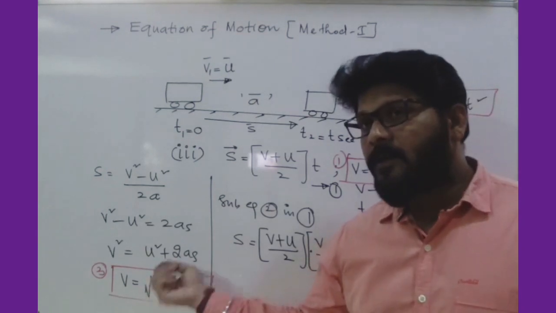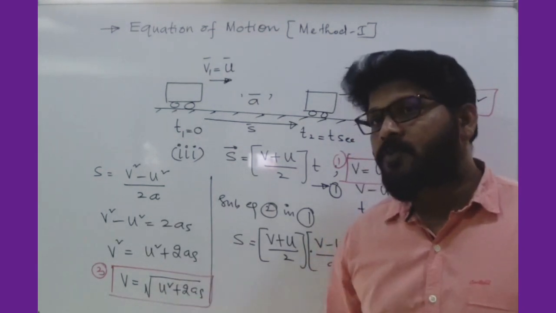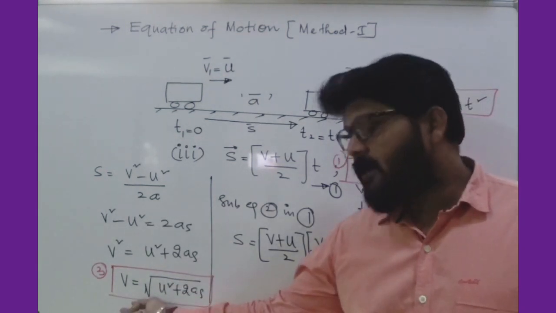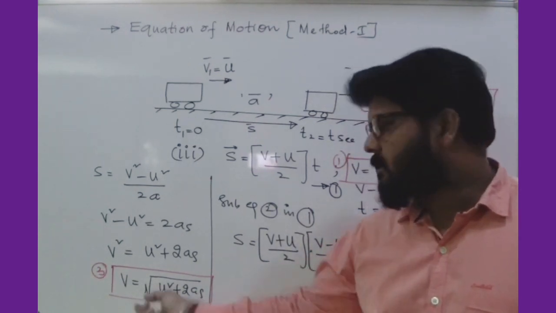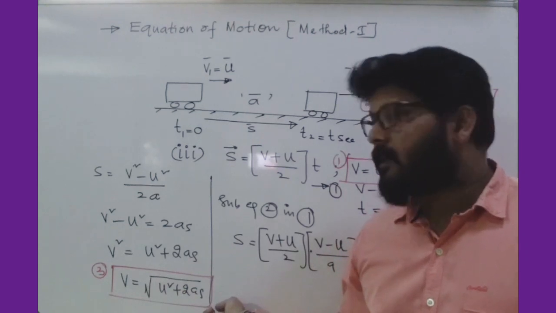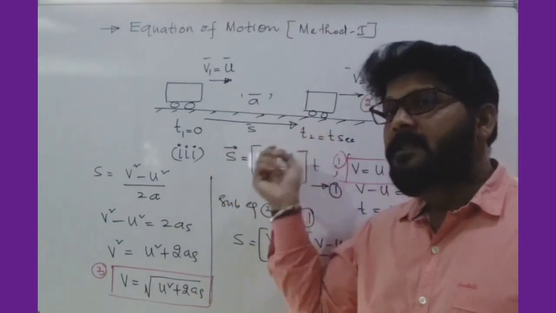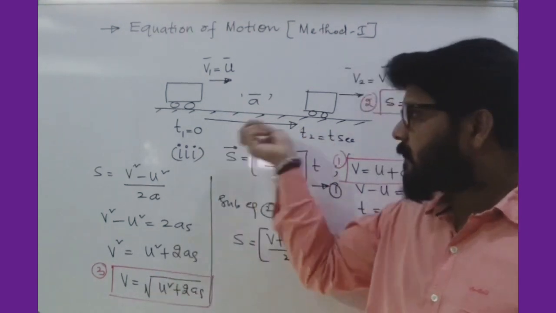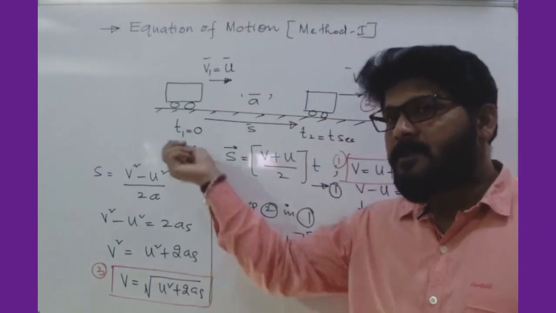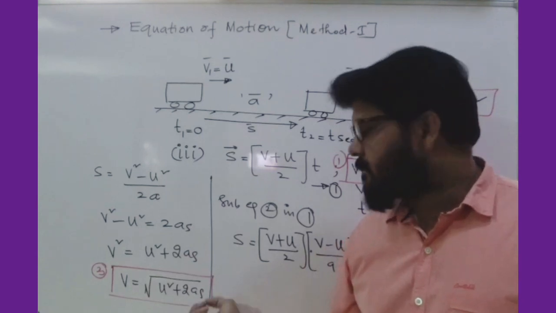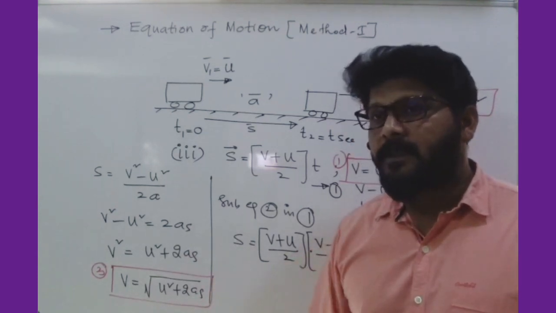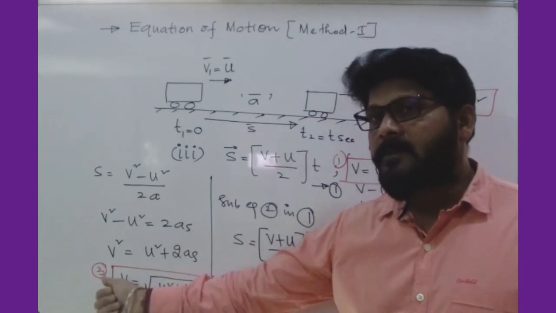Now V is equal to under root of U square plus 2AS, which is nothing but the velocity after displacement S. That means the velocity after traveling a certain distance. Distance means we will be measuring only the magnitude. So after covering a displacement of S, what is the velocity? That we can represent by the third equation.